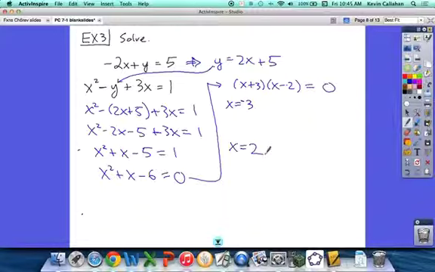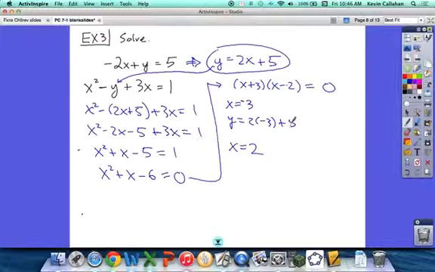So again, what was that step? Plug those into the result from step 1. This was the result from step 1, so you're going to have to do it twice. For the negative 3, y equals 2 times negative 3 plus 5, which is negative 1. For the positive 2, y equals 2 times 2 plus 5, which is 9.